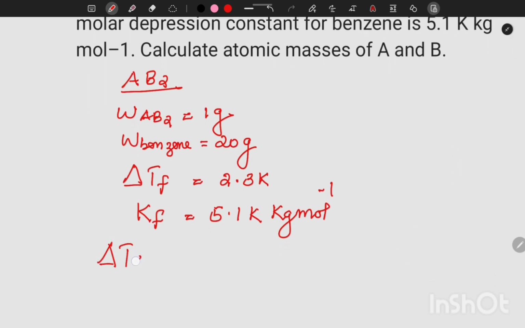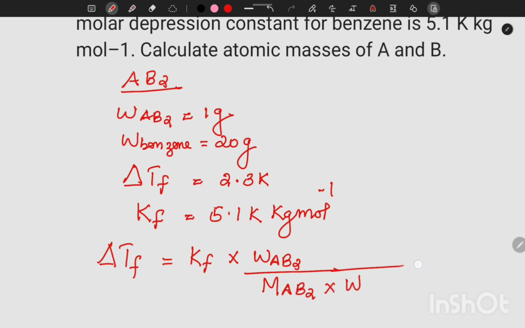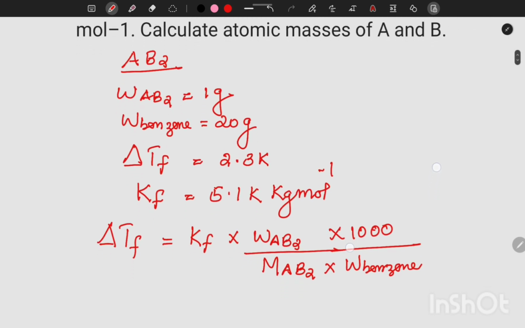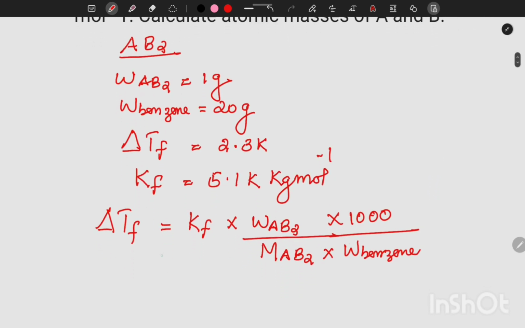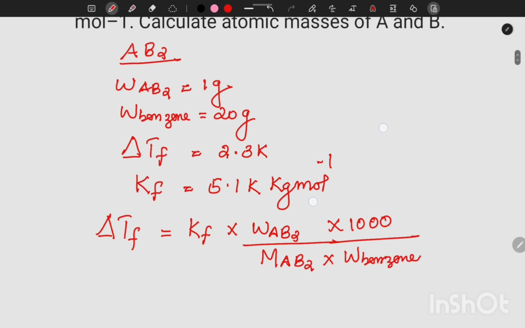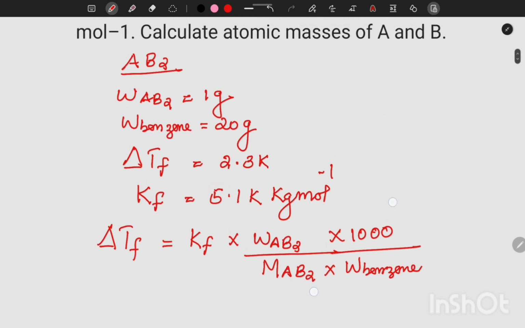Delta TF is equal to Kf into molality, mass of solute, mass of AB2 by molar mass of AB2 divided by mass of solvent, mass of benzene, by 1000. That means it will go to the numerator. So 2.3 is equal to Kf.